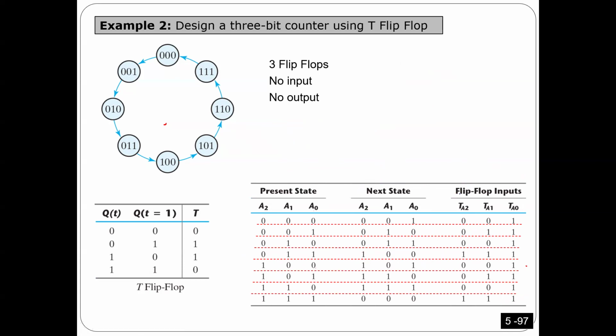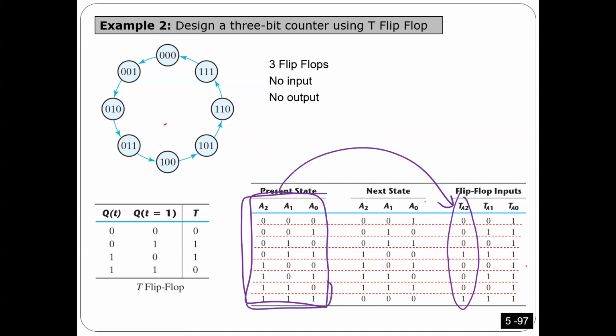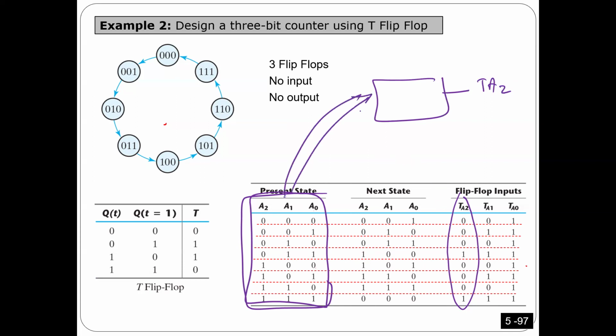So now, I need to design a combinational circuit so that if this is the input, this is the output. The output of this combinational circuit has to be connected to GA2, and this is the input, which comes from here. Another combinational circuit has the same input, but the output will be GE1.